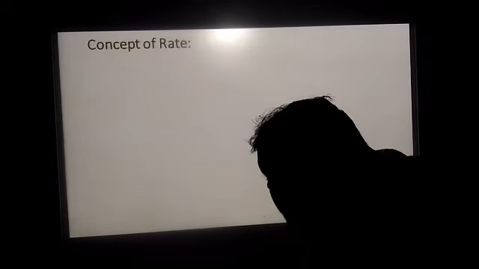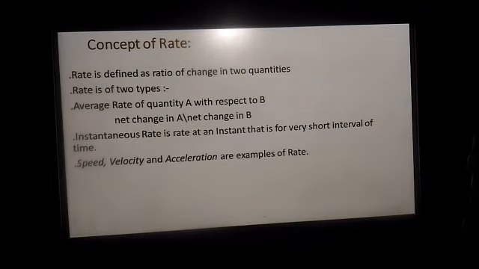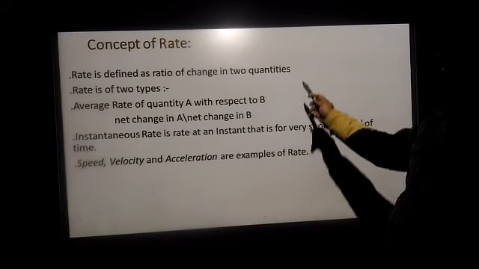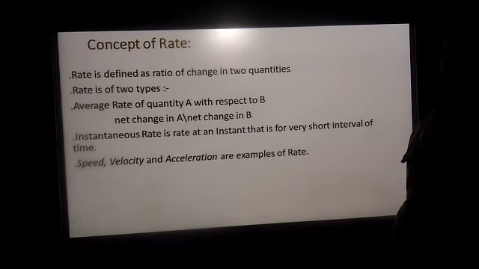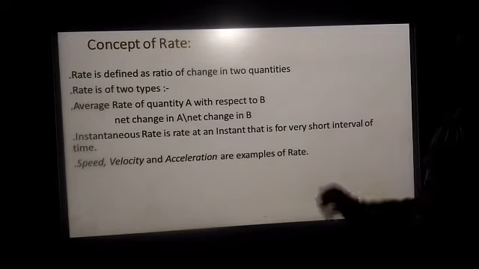Okay. Concept of rate. What is rate? It's a revision class, so I am a little bit faster. Rate is defined as the ratio of change in two quantities, and it is of two types.